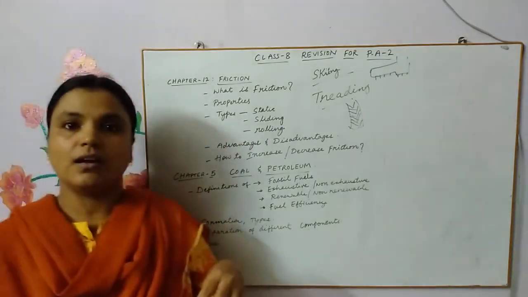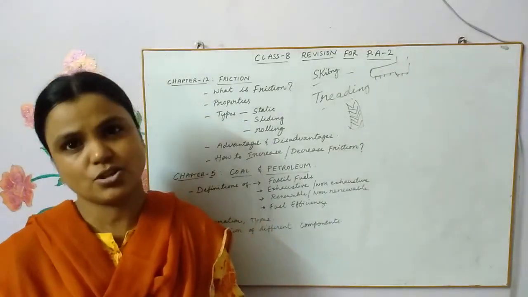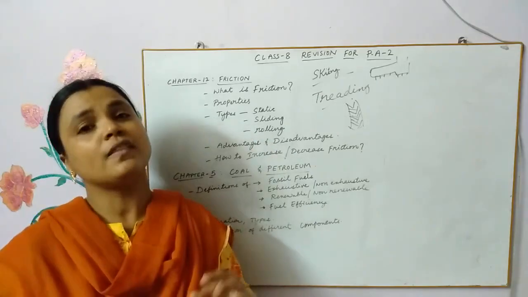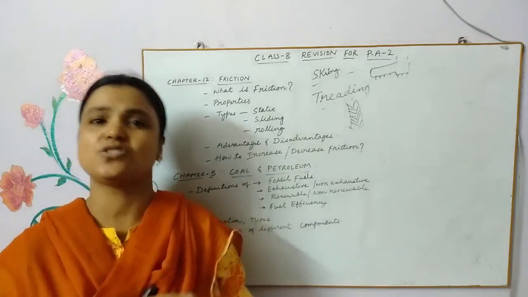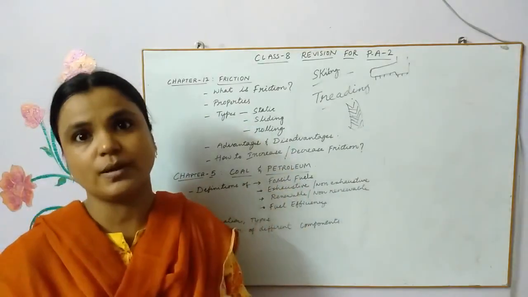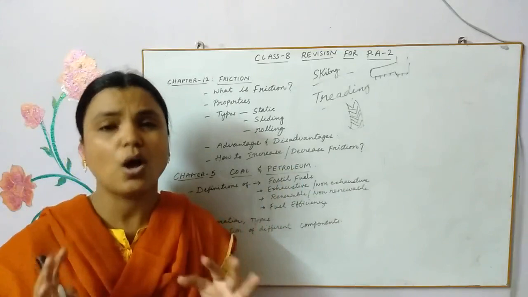Coming to the uses of fossil fuels, as you know, they are exhaustible natural resources, nothing but non-renewable sources of energy. Their use has to be limited, not only because they are exhaustible, but also because they are non-eco-friendly.